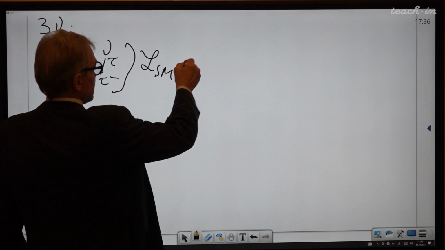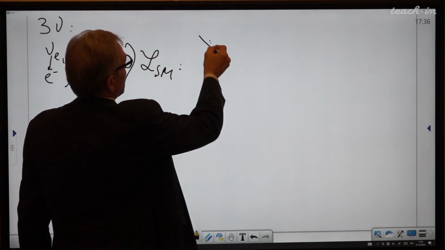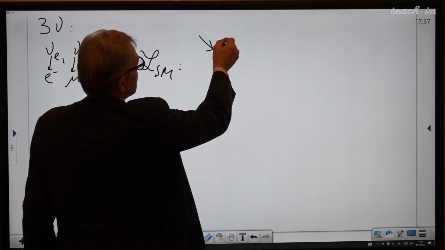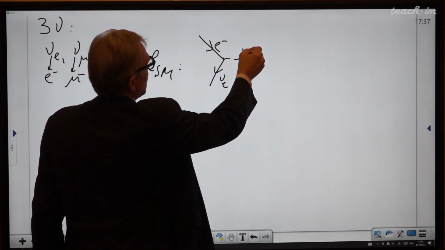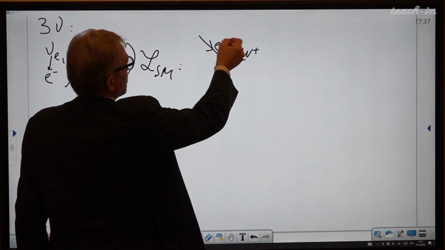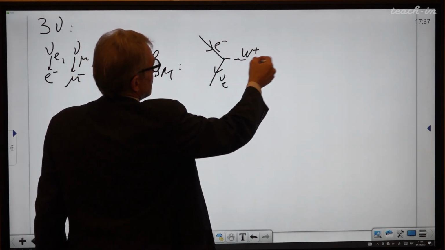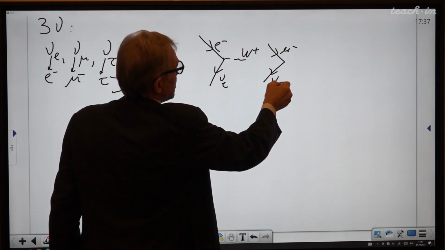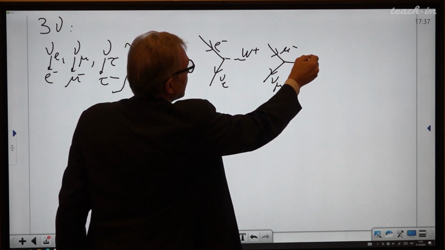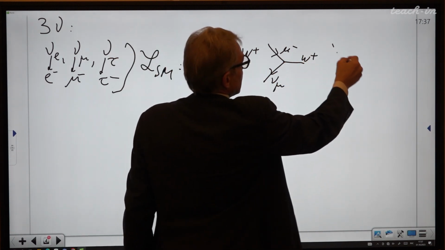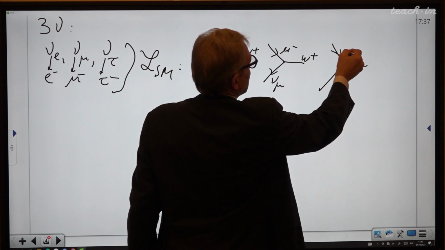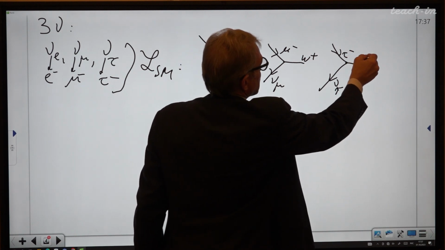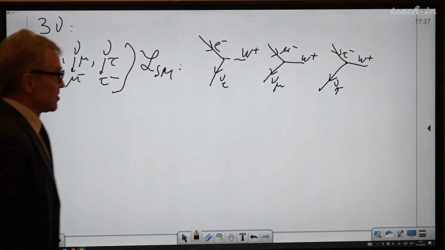We have diagrams of this type, with the electron, the electron neutrino, and this is the W boson. The same diagrams exist for muons and muon neutrinos, with a W boson, and the same diagram for tau.